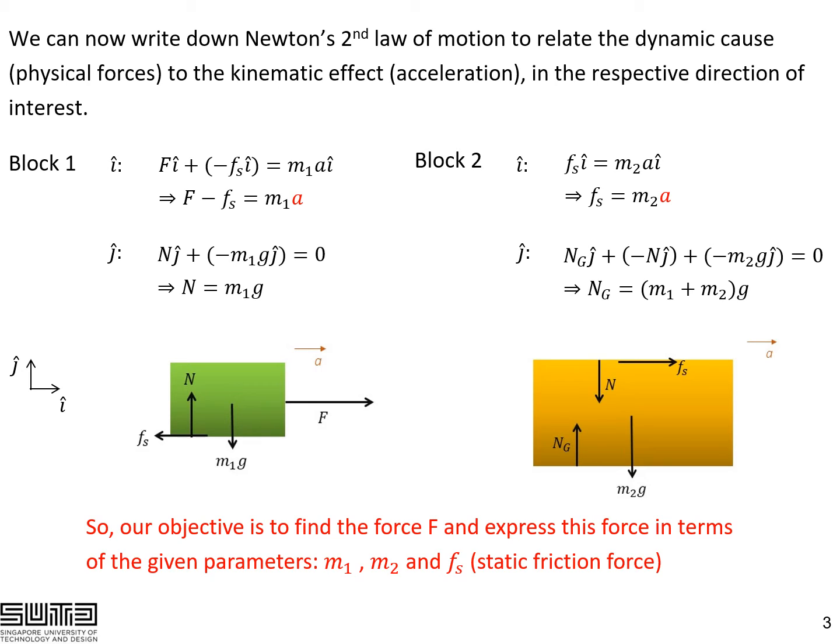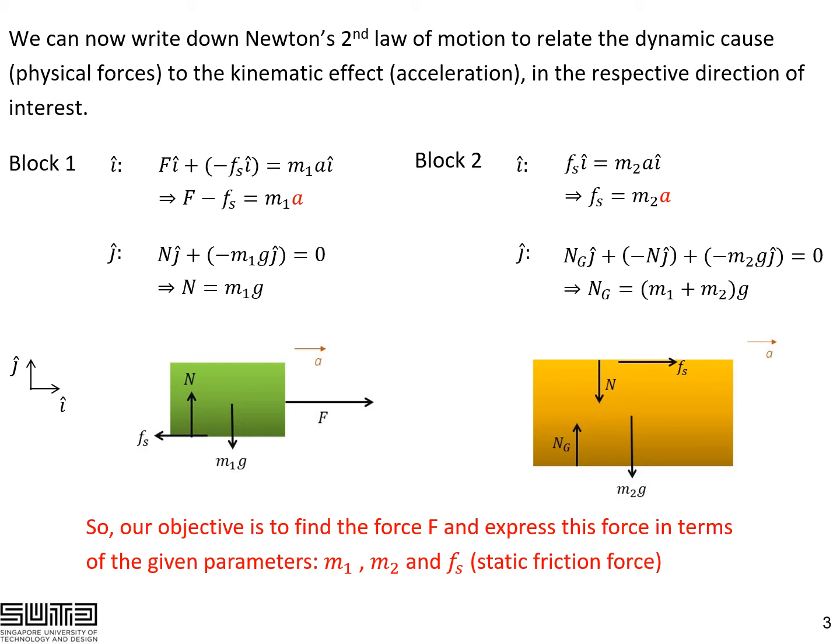So for block 1, we have the applied force capital F minus the frictional force F of s, and this is equal to the mass of block 1 times the acceleration. In the j direction, the normal force exerted by the lower block balances the weight of the block, the result of which is the equation N equals M1 times g.